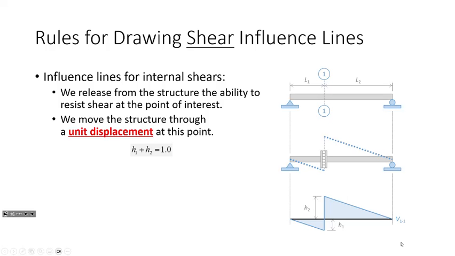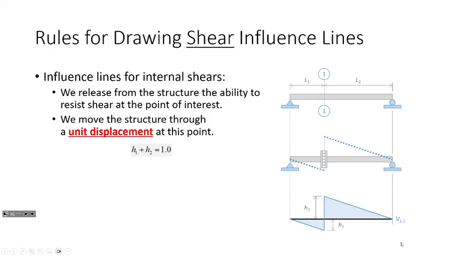Now, what we do is we take that and we move it through a unit displacement. In order to move it through a displacement, let's say here's my shear release right here, so we'll just draw it like this. I have to move it through a unit displacement, but I'm only trying to displace it from a shear standpoint.